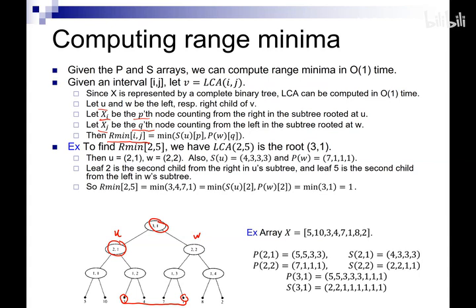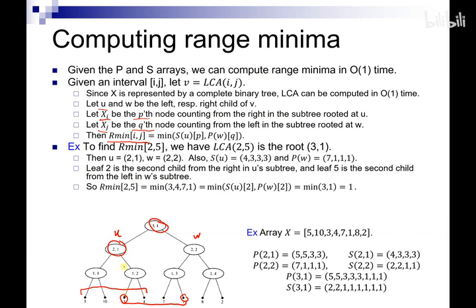Now, so U covers this range of values. We're going to take the final value in the range of values in U's subtree, in other words, this 4 value, and we're going to keep counting until we get to 3.